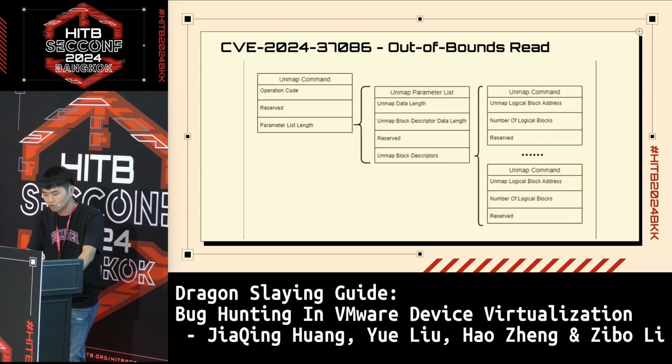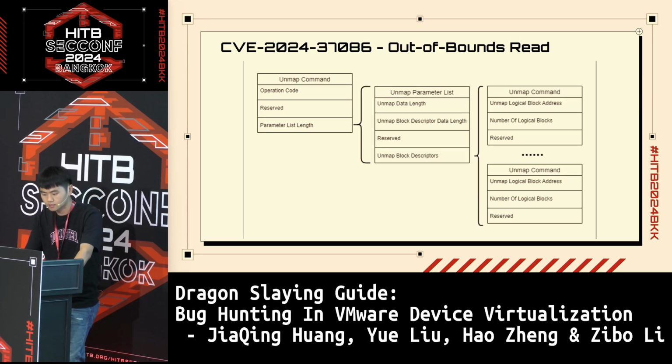This is an overview of the 3 unmap structures, so that everyone can easily understand the structure of the unmap command. The 3 structures are very closely related, and we will focus on parameter list length and unmap block descriptor data length.